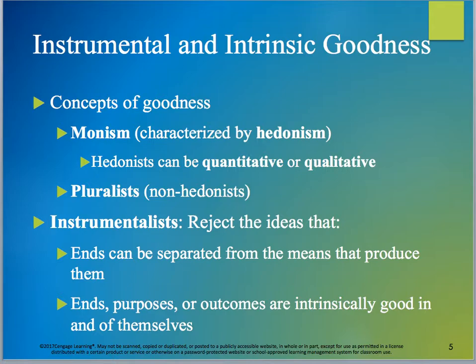Monism is characterized by hedonism, which can be quantitative or qualitative, meaning that it can be recorded as data that is numerical, or qualitative, which is by words, which is how we gauge based on our feelings, our intuition, our gut instincts. Pluralists, on the other hand, are non-hedonist.